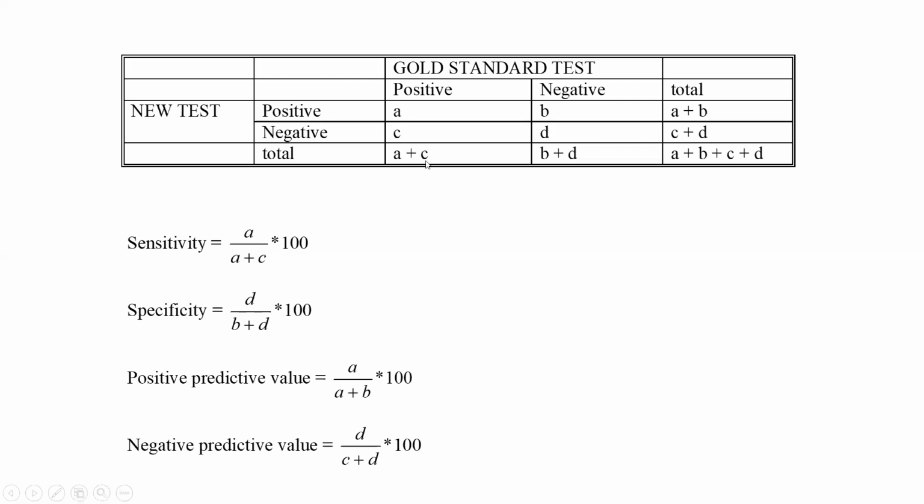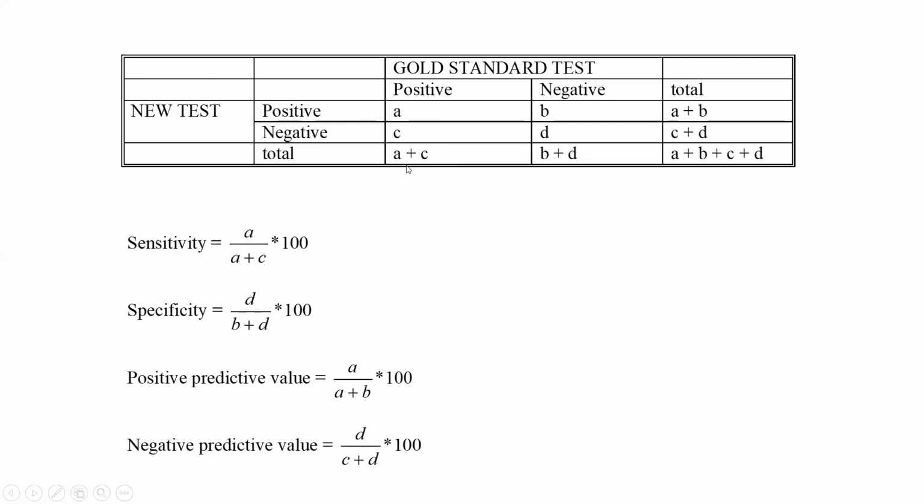Out of this A plus C people, that means actually positive people, how many people have been identified by the screening test? That means A. Out of this total A plus C people, the screening test has identified only A amount of people. This is the sensitivity.